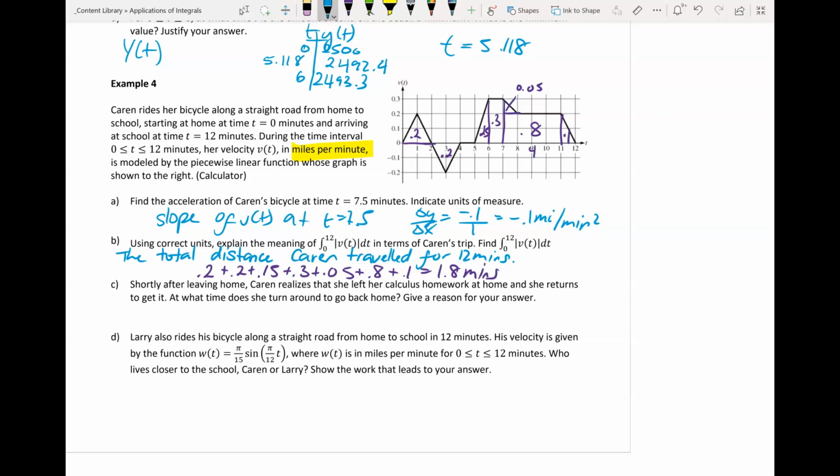Also, when it's positive, we're usually going in one direction, versus going to the left or the negative direction. So this occurs only in one place, and that's at t equals 2, because our velocity changes from positive to negative. So she's moving to the right, and all of a sudden she changed directions and moved to the left.